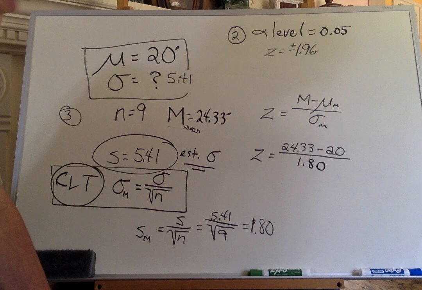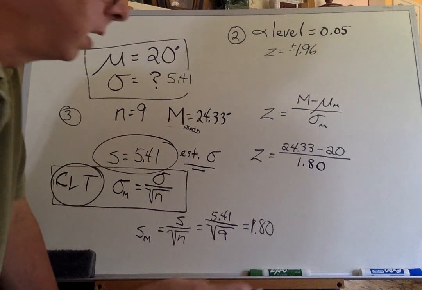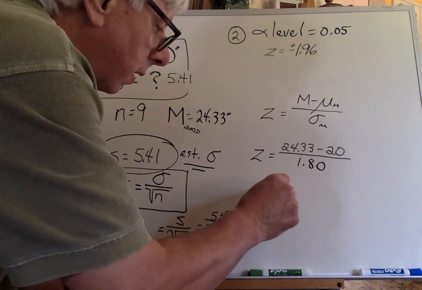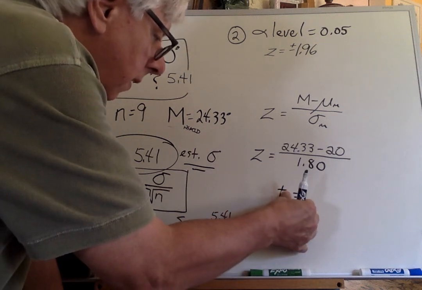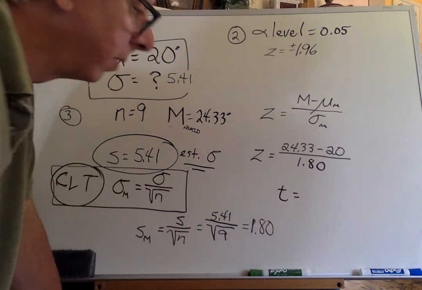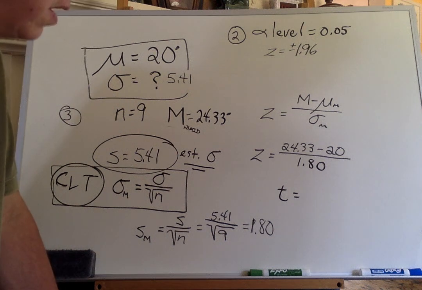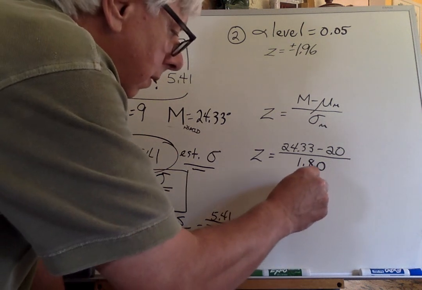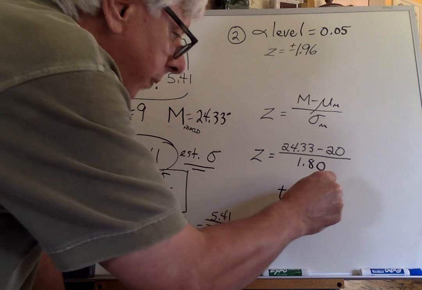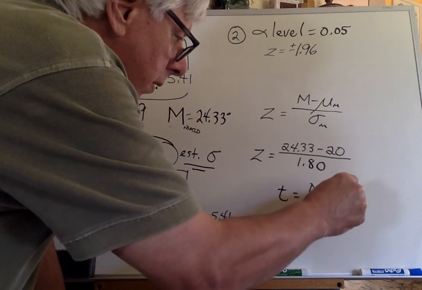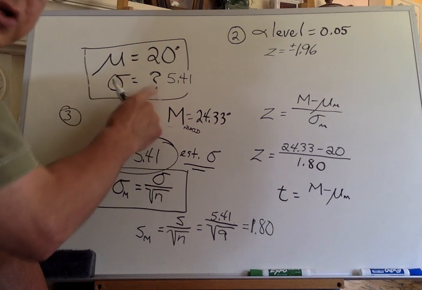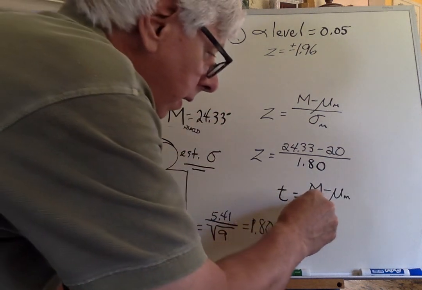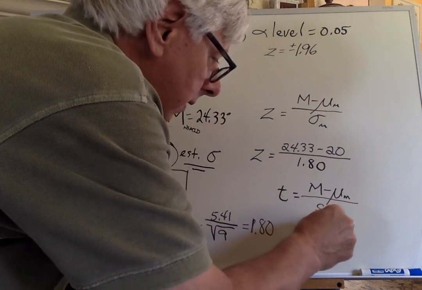Now, before we go any further, let me show you the symbol here. This is actually going to be our t-test. Some of you may be familiar with that term. Instead of a z-score, the t-test is our sample mean compared to our regular therapy or normal or untreated or whatever you want to call it, divided by S sub m.